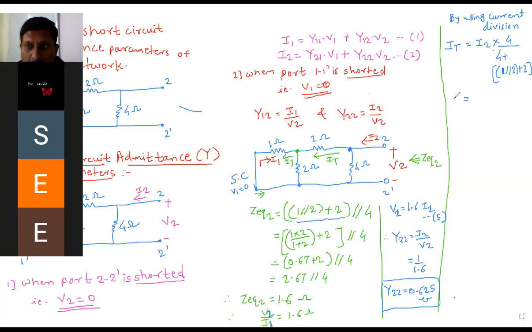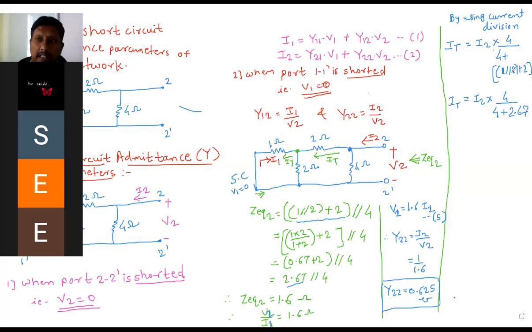Okay. So I will write IT is equal to total current I2 into 4 divided by 4 plus, याचं calculation already आपण complete केलं इथं. So 1 is parallel with 2, that is in series with 2, that will give us 2.67. That you can write here, 2.67. थोडं स्मार्ट वर्क करायचं, परत इथं करत बसायची गरज नाही.